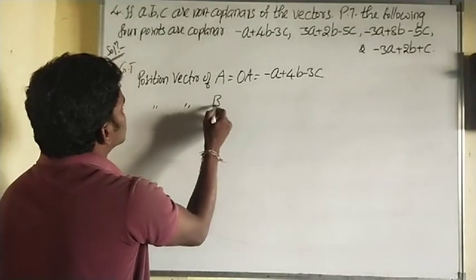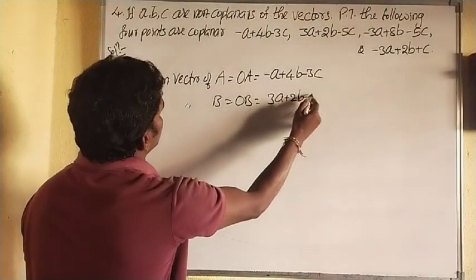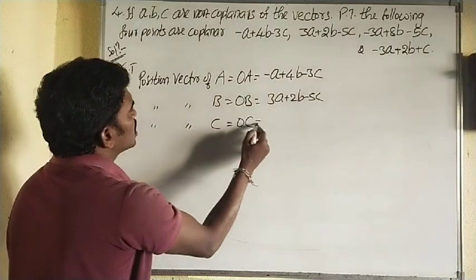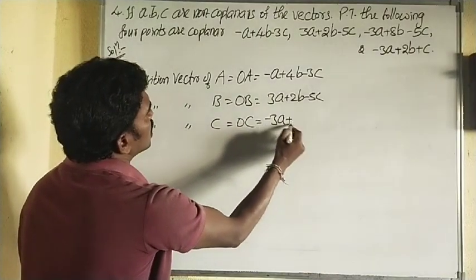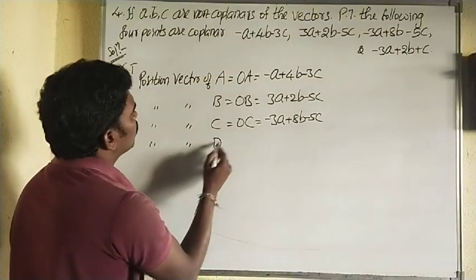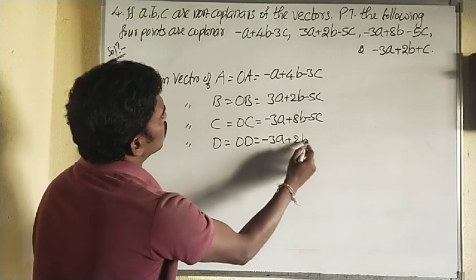Similarly, the position vector of the second point is OB, that is 3a plus 2b minus 5c. The position vector of C is OC equals minus 3a plus 8b minus 5c. Next, the position vector of D is OD equals minus 3a plus 2b plus c.